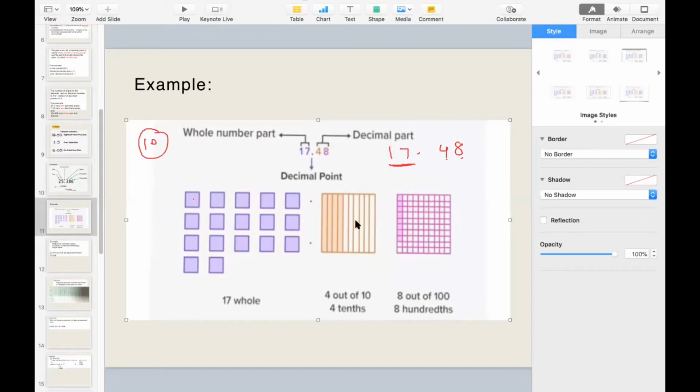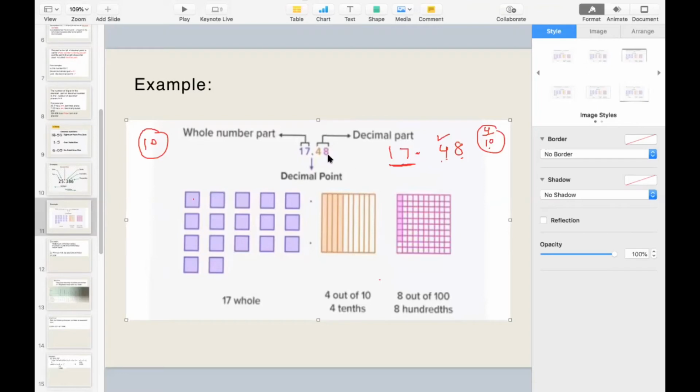Out of 10 equal parts, 4 parts are shaded. So that means 4 out of 10. We call it 4/10. So after the decimal, if I have written 4, the value is 4 upon 10.